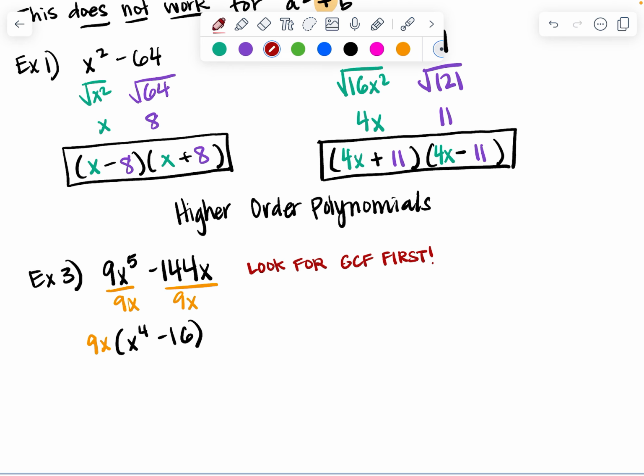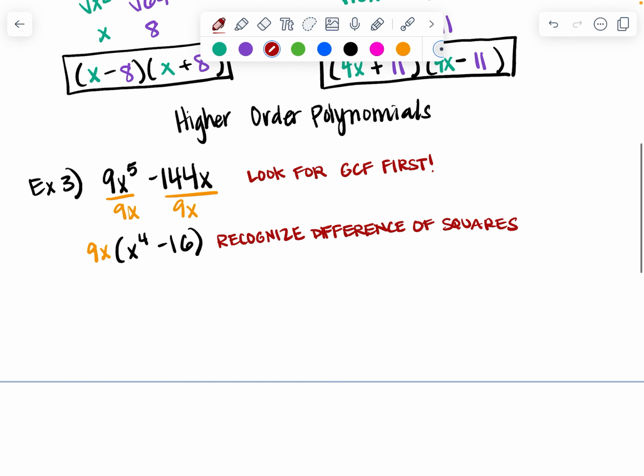Now, I need to see that and recognize that that is a difference of squares. So, what's the square root of x to the power of 4?